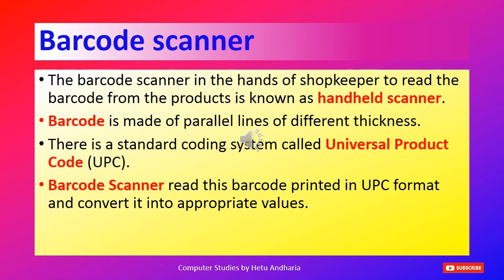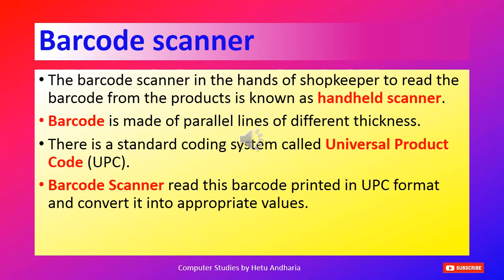Now see, the product information which is printed on the product, that is the manufacturing date, its weight, expiry date, price and the name of the product, is all converted into the form of parallel lines. The barcode scanner has the mechanism to convert those parallel lines back into their original values.